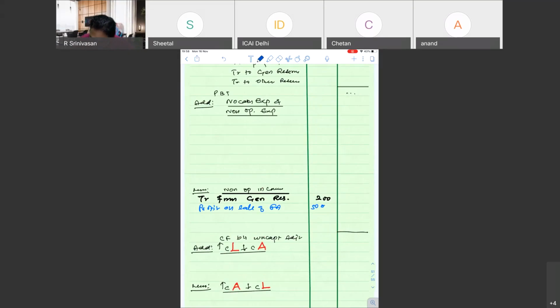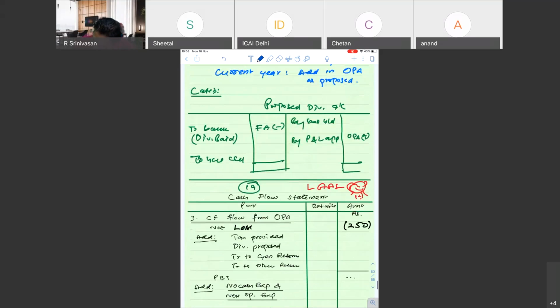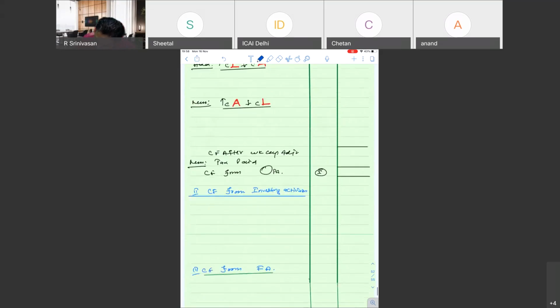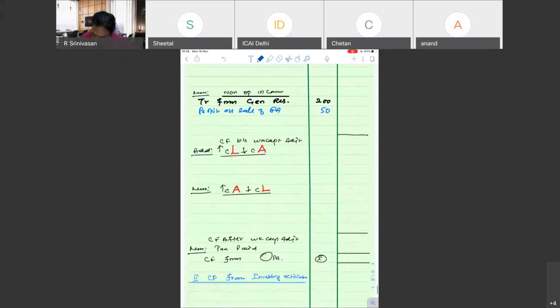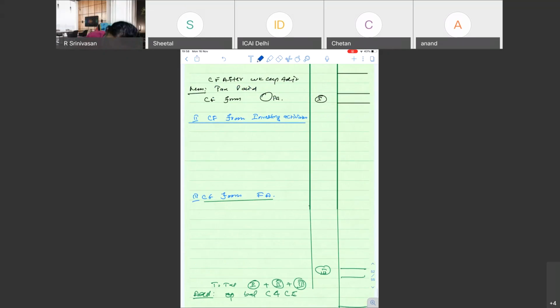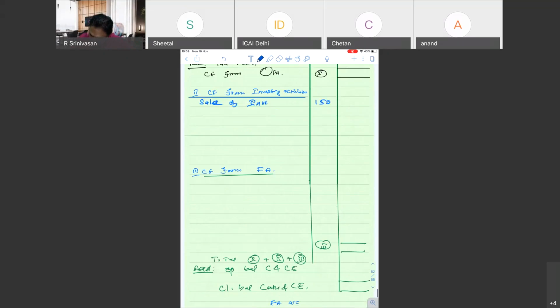So all the values are in thousands here, rupees in thousands. So I have to take this as 50. Here, sale of investment, 150.